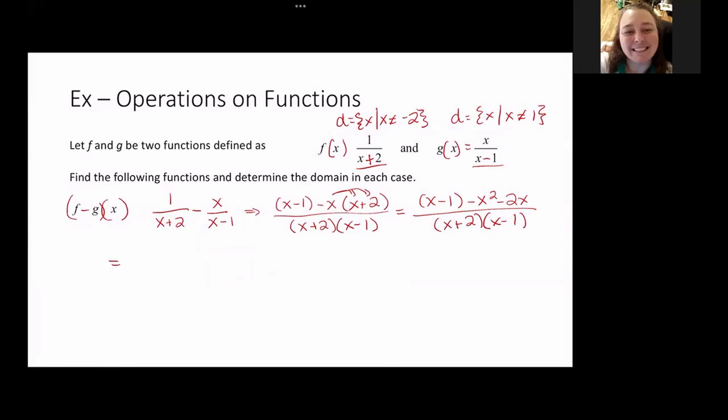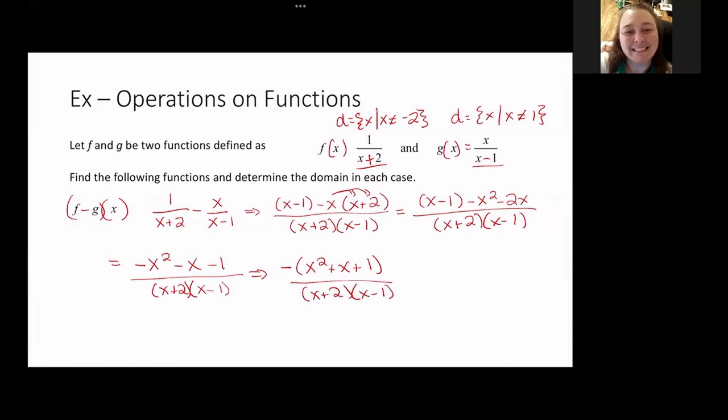So minus 2x and a plus x is going to give me a minus x squared minus x minus 1, over x plus 2. We could take a negative sign out. Negative x squared plus x plus 1, all over x plus 2, x minus 1.